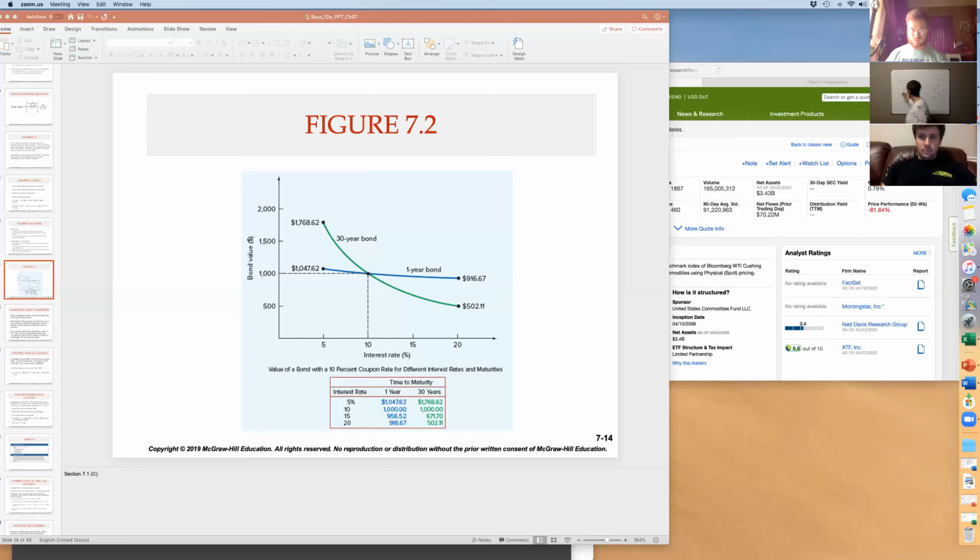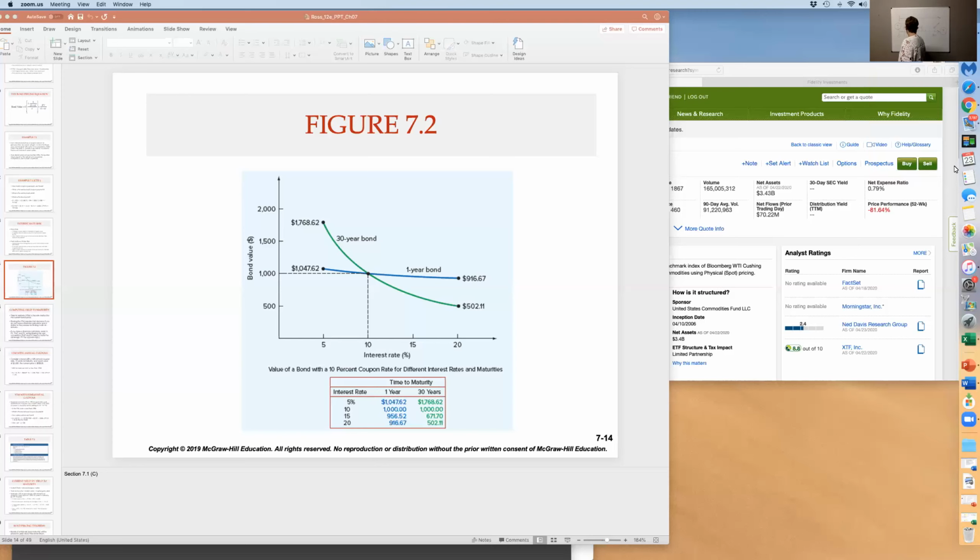The interest rate and the present value are what change, if you will. Here's a 1-year bond. It gets one $100 payment, and then the principal is paid back at the same time. Again, it works just the same, only it's a very short-term bond.